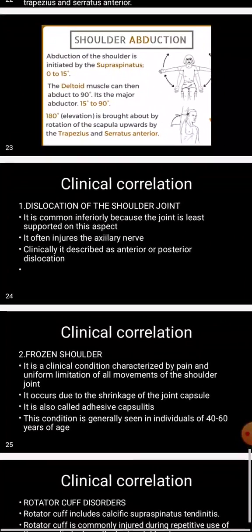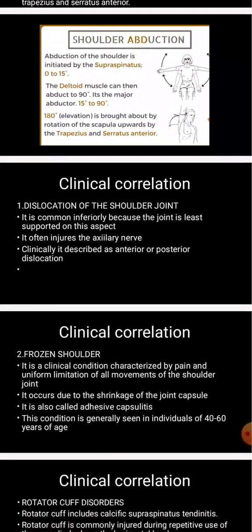I have already told you a question is only complete when you are done with the clinical correlation or applied anatomy. So one applied anatomy of the shoulder joint is dislocation of the shoulder joint. It is very common inferiorly, because I have told you the capsule is least supported inferiorly.